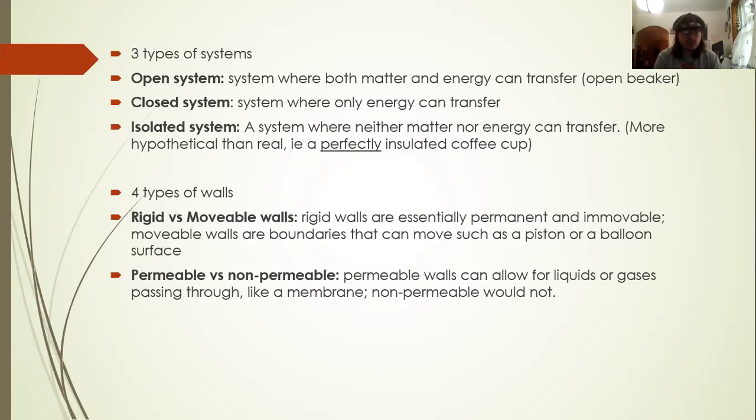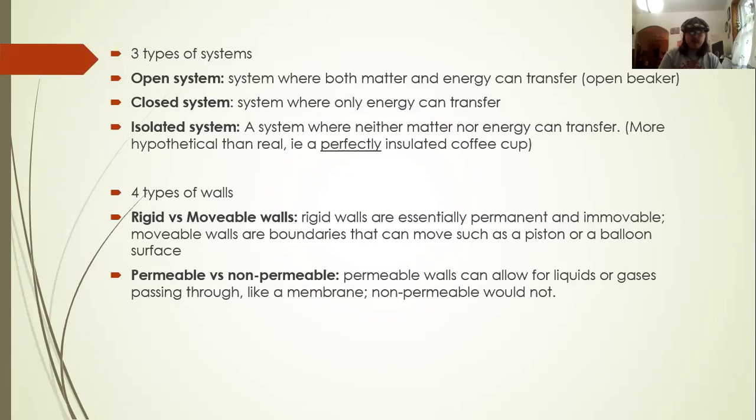So we could have a rigid wall versus a movable wall. A rigid wall essentially is not going to move. It's going to be stuck. But a movable wall could be a piston that, as a gas pushes out, is going to expand out. Could be a balloon surface or a bubble surface that's going to expand as the internal pressure is greater. So movable walls are going to react to changes in pressure, while rigid walls will not.